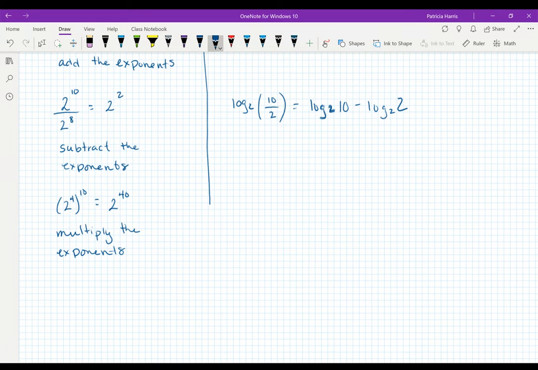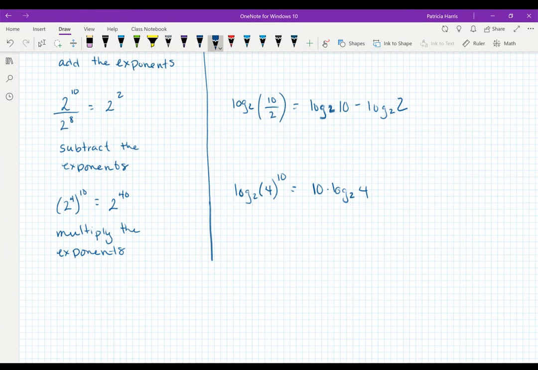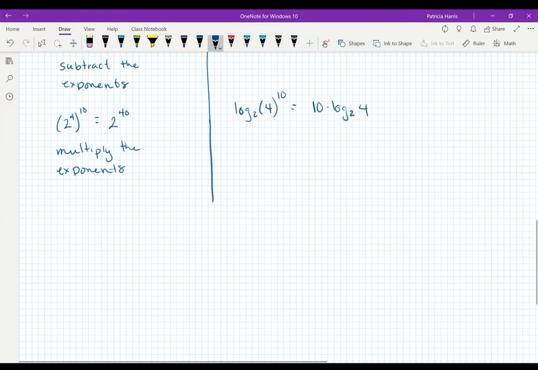Well, if I have the same thing for a log, okay, then I could change it to multiplication, like that. Okay? All right.